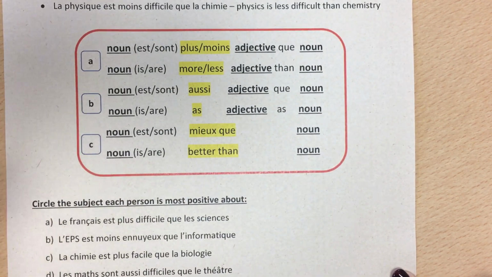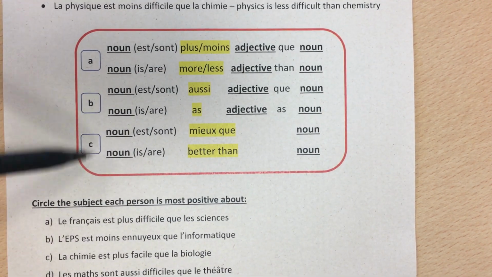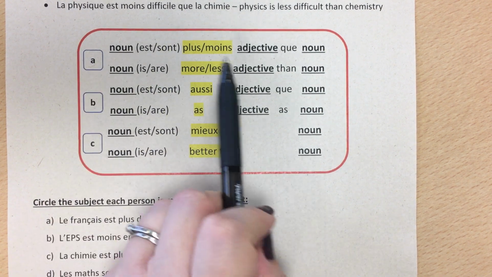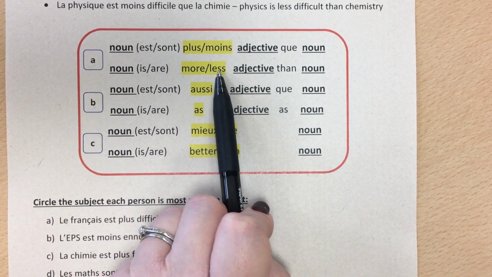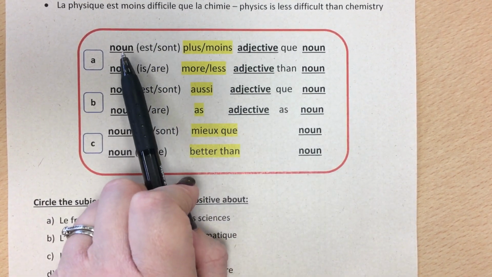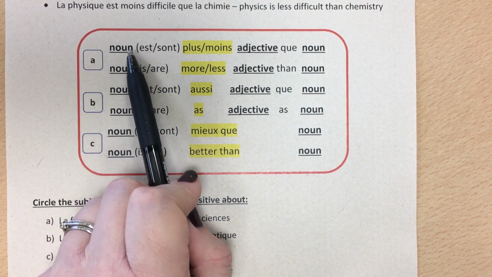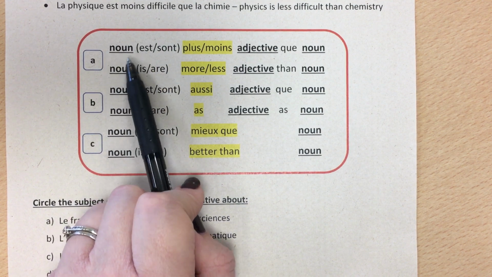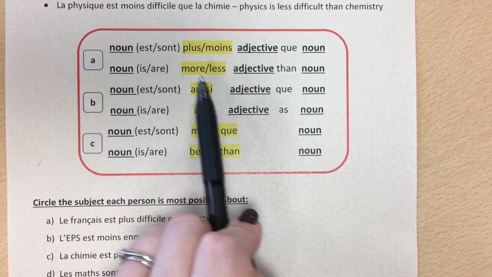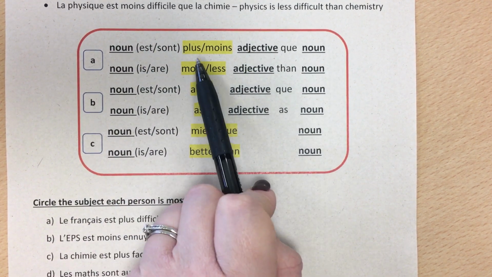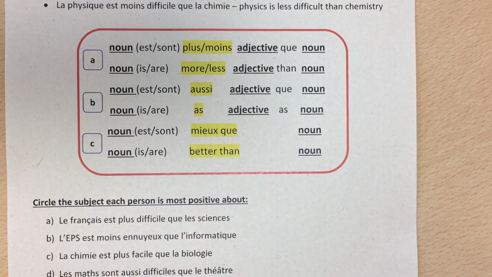Here, we've got three different types of comparatives. First of all, in example A, I'm going to show you how to say more or less than. So, what we do is we take our noun, which could be a school subject or a teacher or a colour, any noun, anything that you can touch, and we say that noun is or are more or less something than something else.